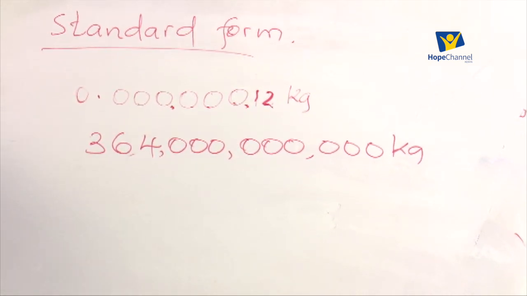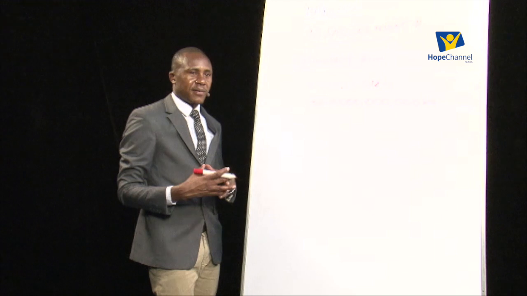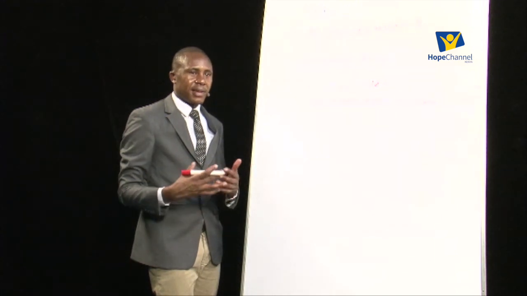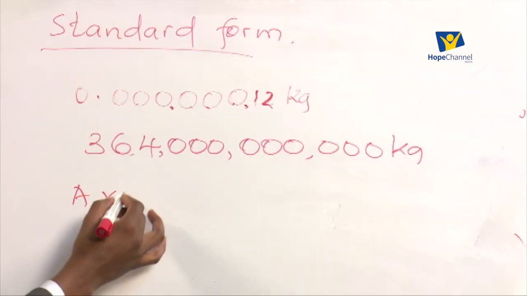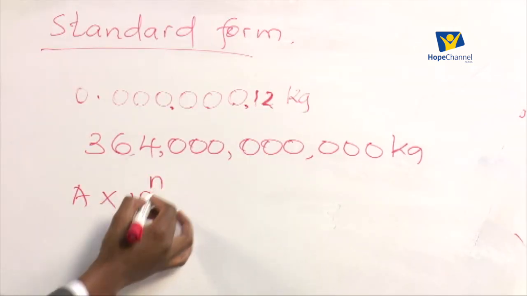Now the question: how do we write numbers in standard form? How do we reduce them to something that is more convenient for us to use, probably in the calculations or in the expression of the answers? Now, numbers are written in standard form so that we are in the form of a times 10 raised to power n.